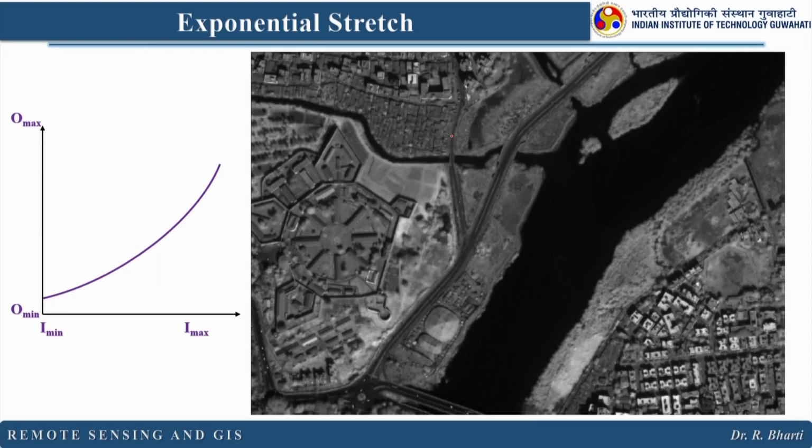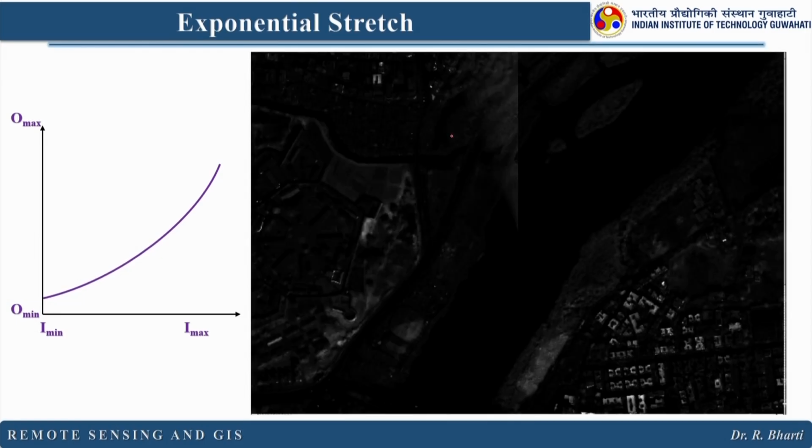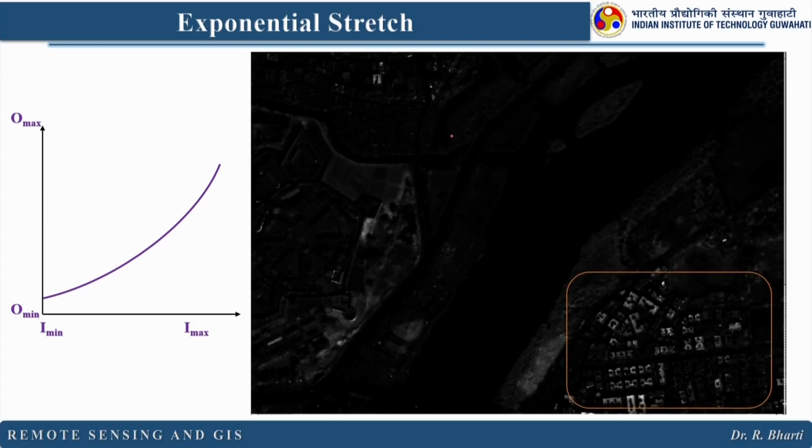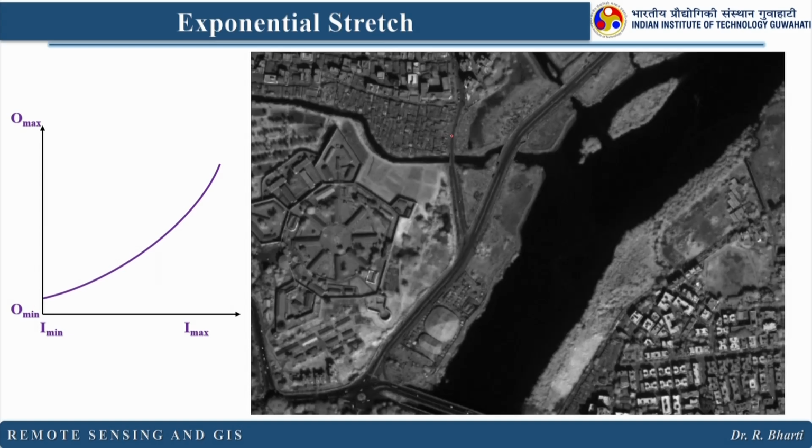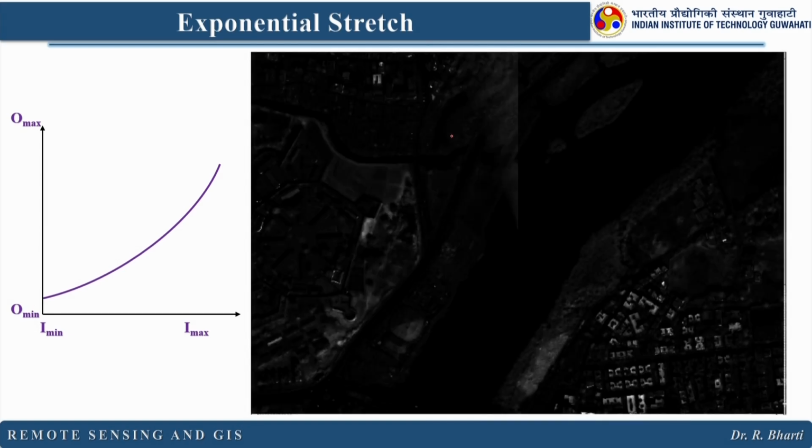Here you can see the result of exponential stretch, right, and see this particular area. These were the brighter portion of your image, and again it is preserving and highlighting the information which was hidden in the raw data. So this is the example of exponential stretch.